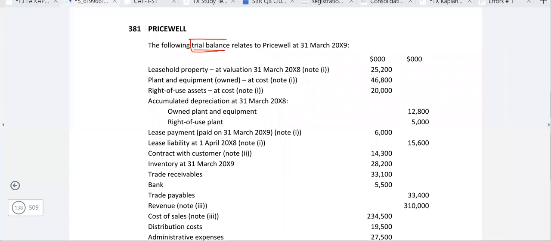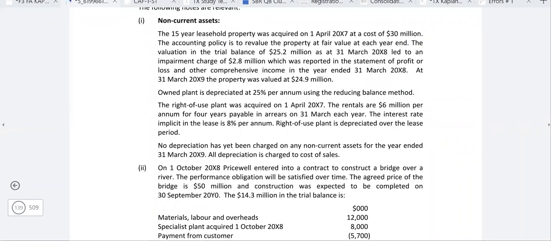Now, whenever you have the adjustment from the lease within your single entity financial statement question, you see, first of all, the lease liability balance, just like this. Lease liability is on the credit side because it represents an obligation. And then it says there's a note number 1 relevant to this, and you just go to the additional information.